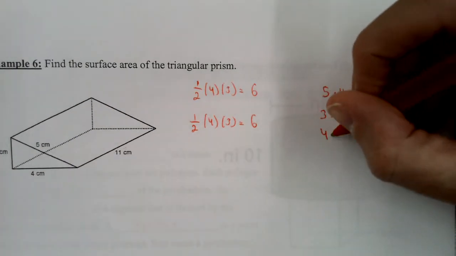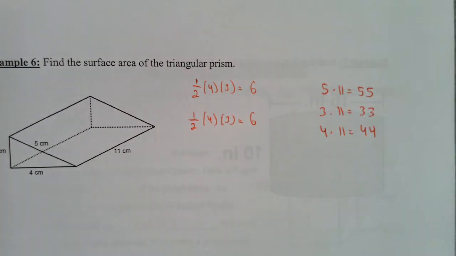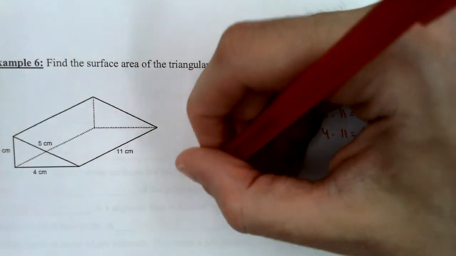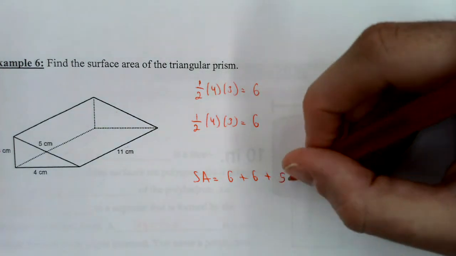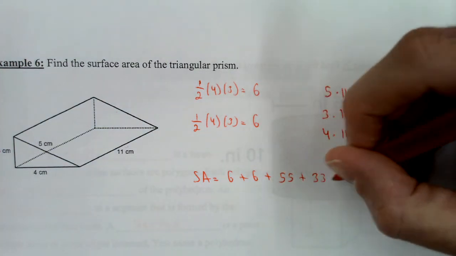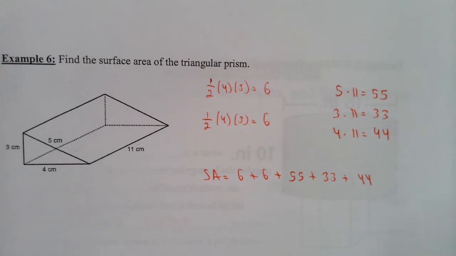So 4 times 11 is 44. Now we're going to add up those 5 faces. Surface area equals 6 plus 6 plus 55 plus 33 plus 44. Equals 144 centimeters squared.